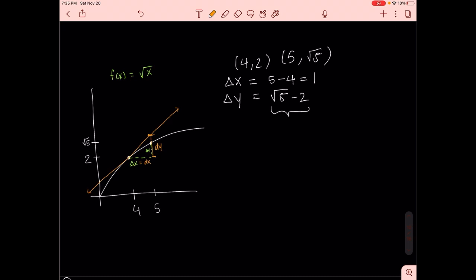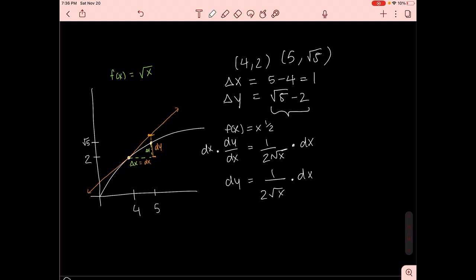So how are we going to calculate dy? Well, what we need is the derivative of the function. So we have f of x is equal to x to the 1/2, which means that f prime of x, or dy over dx, is going to be equal to 1 over 2 square root x. Now if we multiply both sides by dx, as I showed you before, we get dy is equal to 1 over 2 root x times dx.